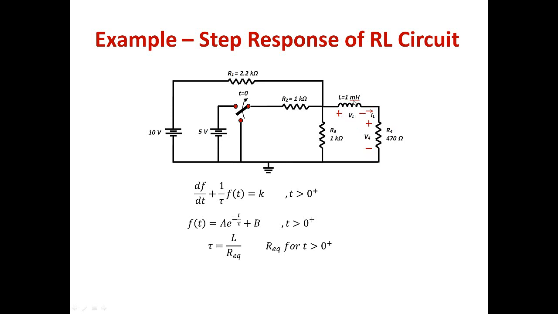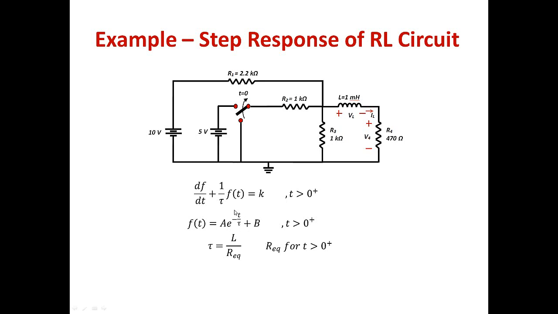So R equivalent across the inductor will be the resistance across the inductor after suppressing the voltage sources in this case. And keep in mind that this is going to be after switching. Now we are interested in solving for A and B. So to solve for A and B, we're going to be a little bit clever about it.